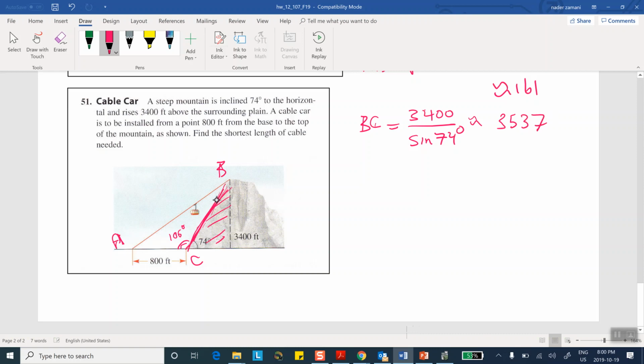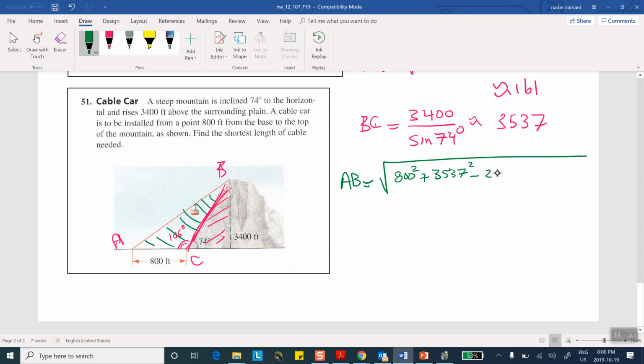Now in the triangle ABC, I can use the law of cosines and say AB equals the square root of 800 squared plus 3537 squared minus 2 times 800 times 3537 times the cosine of that angle, which is 106. And that'll be the answer.